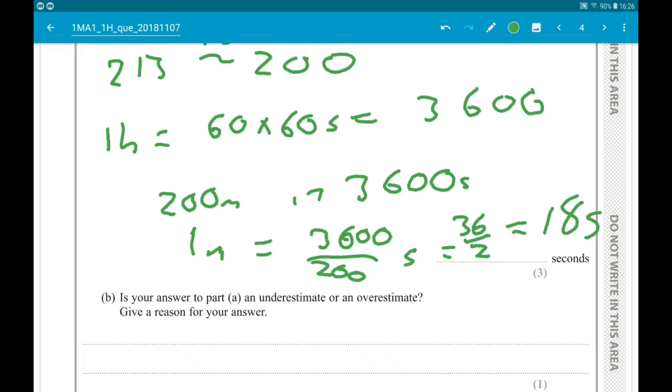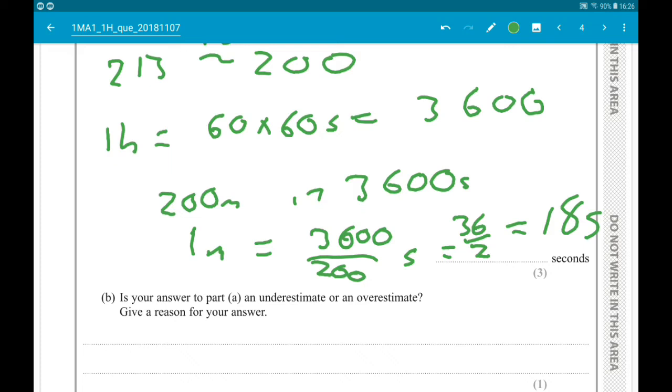So our plane has a slower speed than the actual plane. So our plane is going to take longer to go 1 mile than the real plane, because the real plane is going faster. So our answer is an overestimate, and the reason being our plane is going slower than the plane going at 213 miles per hour.